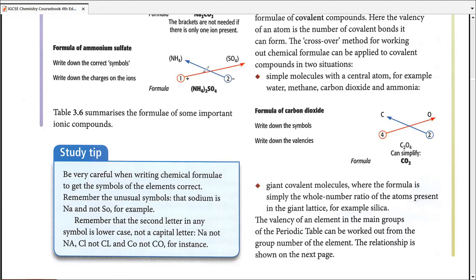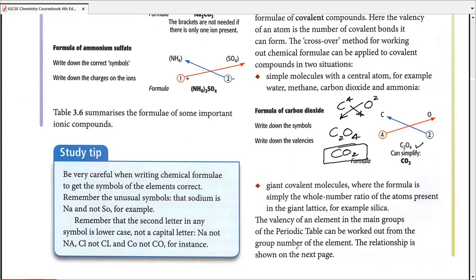Carbon has the combining power of 4. Oxygen has the combining power of 2, being present in group 4 and group 6 respectively. Cross multiply these, it would become C2O4, like written over here. Simplify, it would become CO2. That's how the formula of carbon dioxide comes into being.